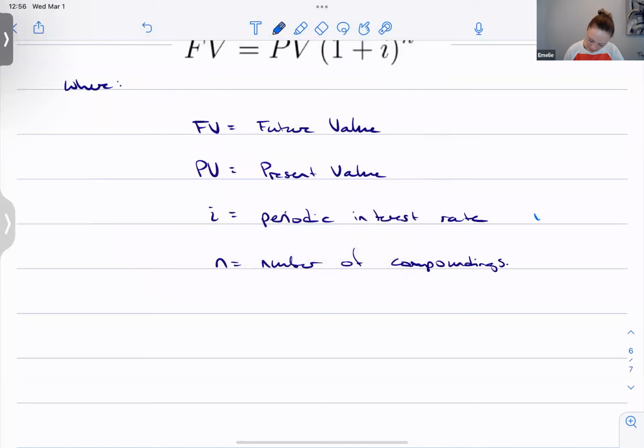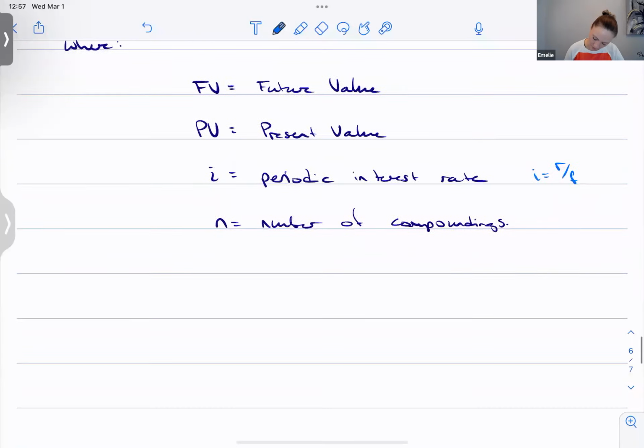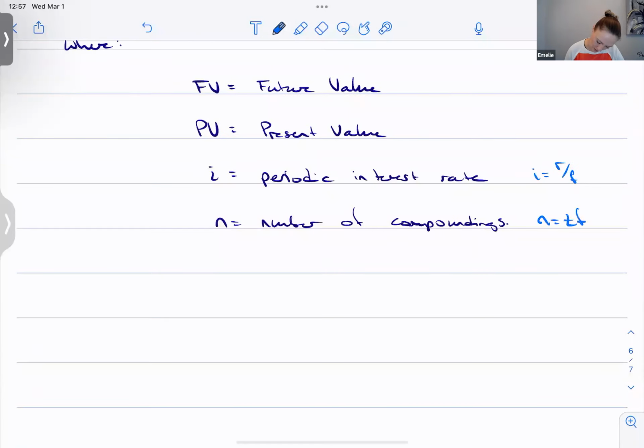So remember, i is r over f, and n is the time times the frequency.